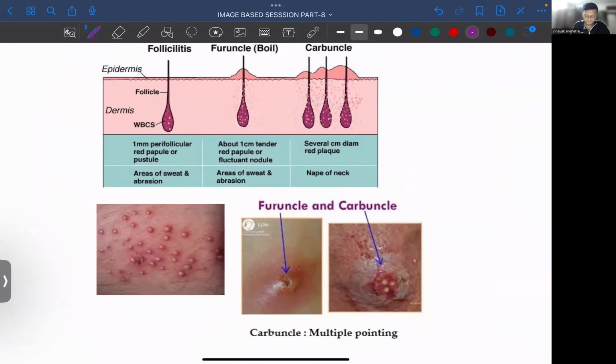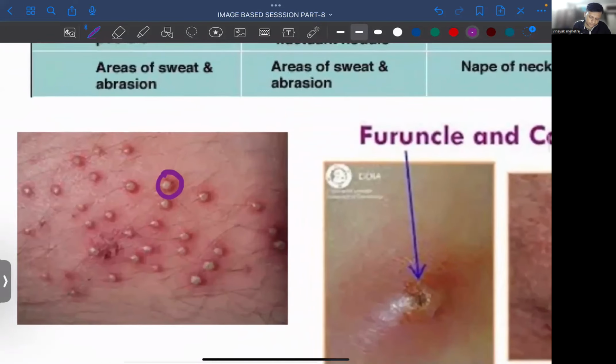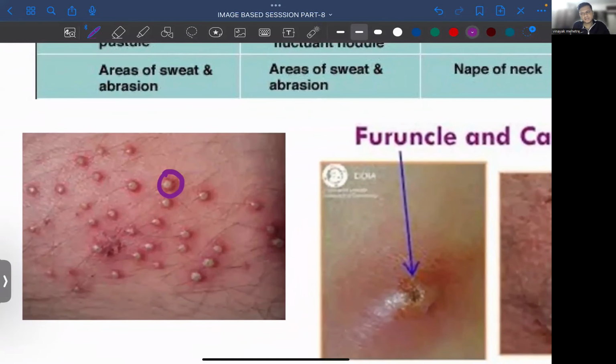See, if you are seeing a hair with a small pustule, where there is a hair, there pus is filled, okay, it will be called as folliculitis.